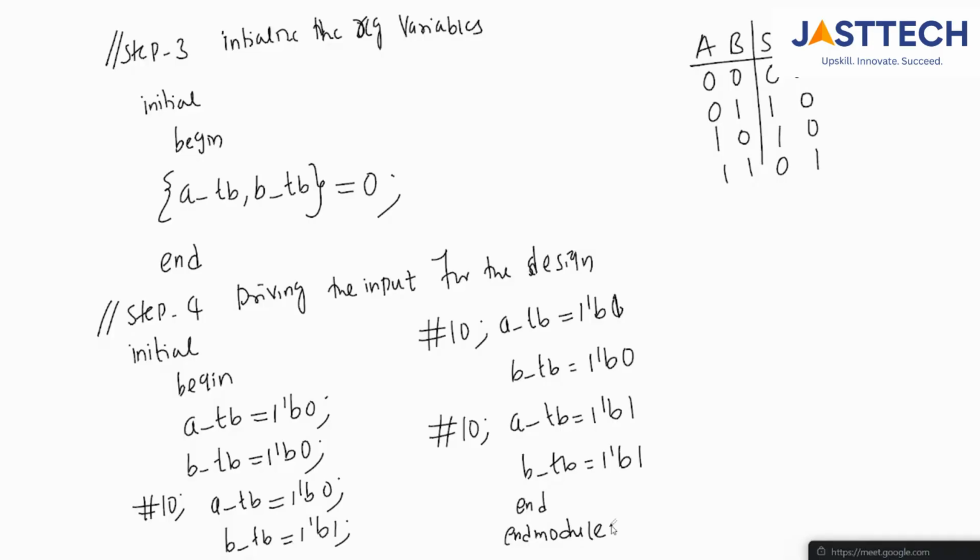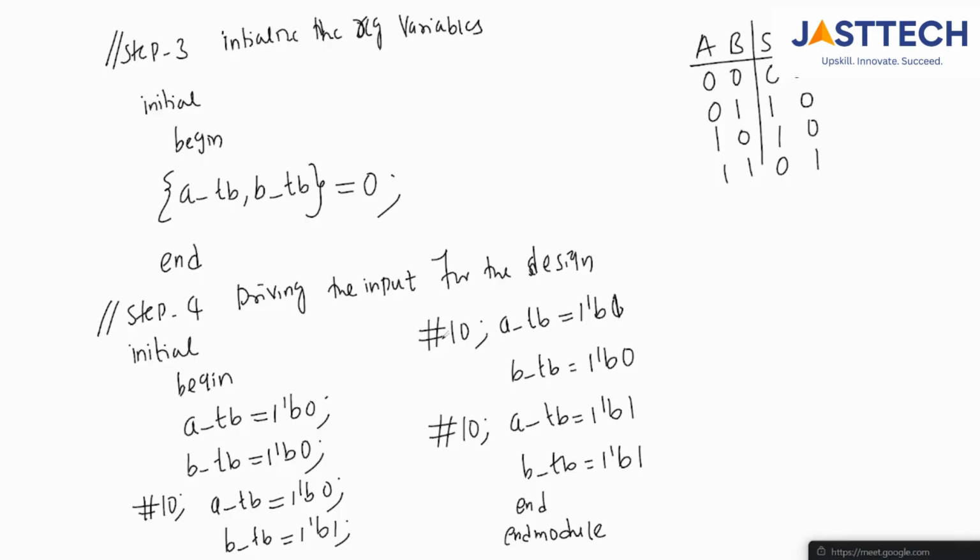Sir, how did you determine this 10 number? Can I put 1? One also you can take. That is simulation time. 10 also, 1 also. If you are not using this delay, you can't see the outputs. I will show in the tool. If you are not giving this delay, I can't see the waveforms. With every delay there is precision and time scale.